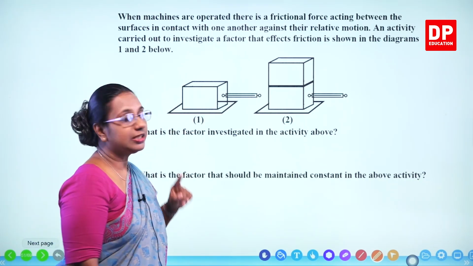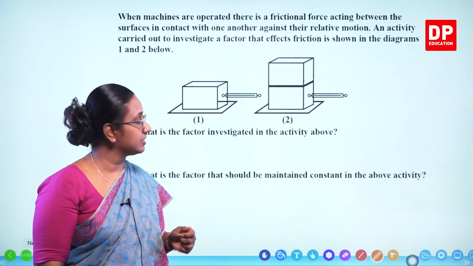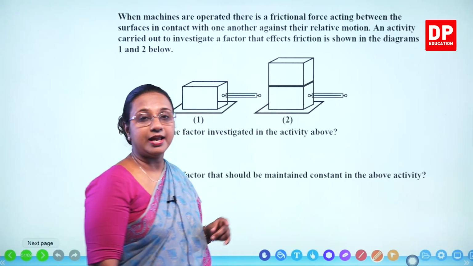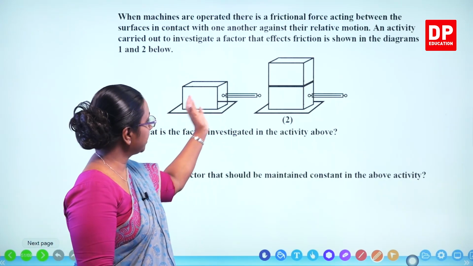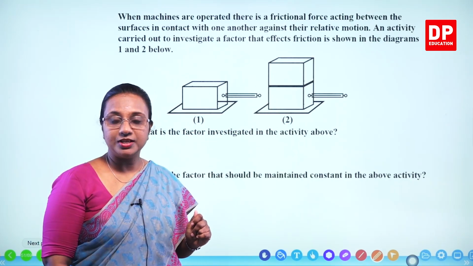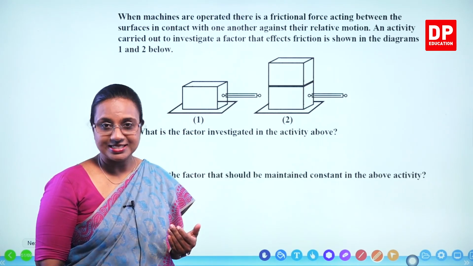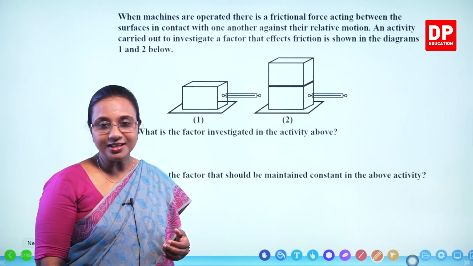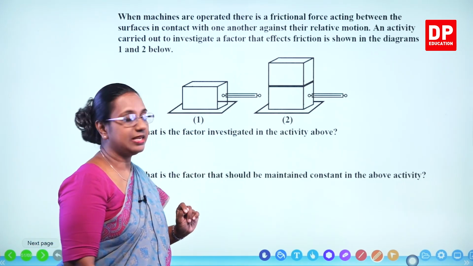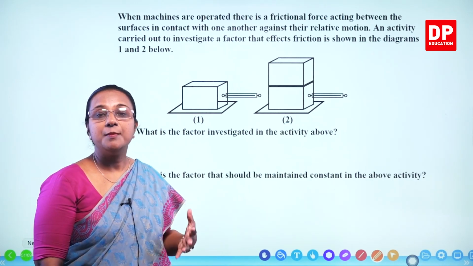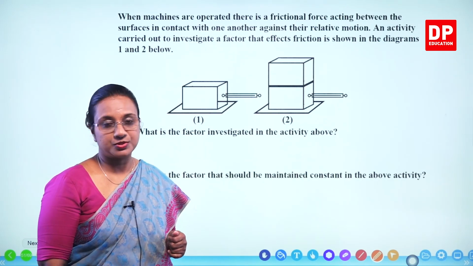When we use 1 cube, the weight is 1 unit, let's say 10 newtons. But if we use 2 identical cubes, then the weight becomes double. If this is 10, this becomes 20 newtons. What changes with the weight of the object? Yes, the perpendicular reaction. So, here we are investigating the effect of perpendicular reaction on limiting frictional force.